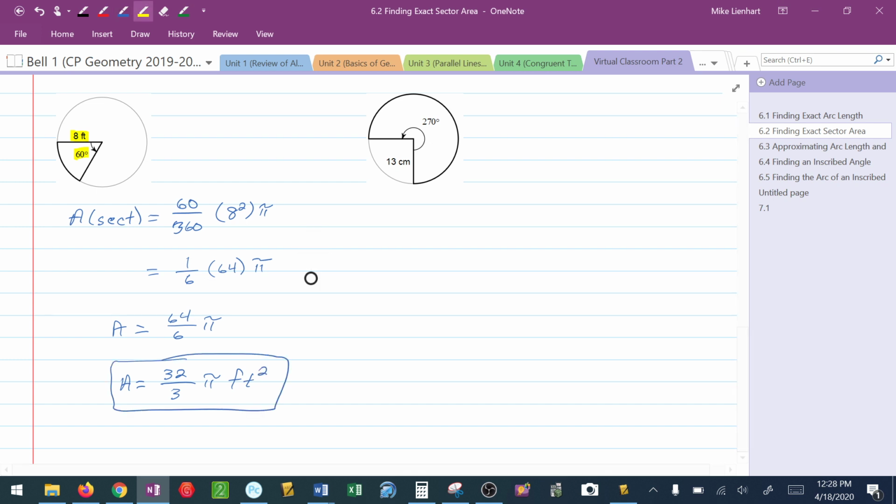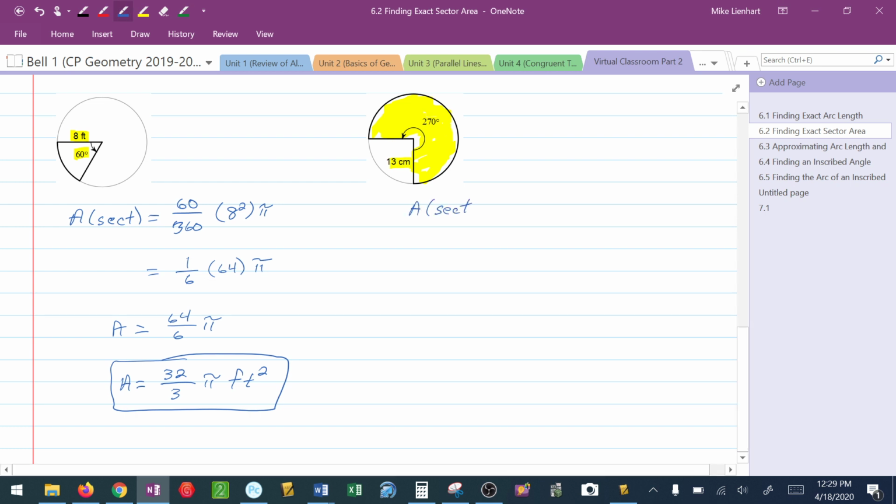One last one here. There's my radius, 13 centimeters. Notice 270. Hopefully everybody understands, this whole space in here, all that space in that darkened region, is what we're trying to find the area of. That's our sector.